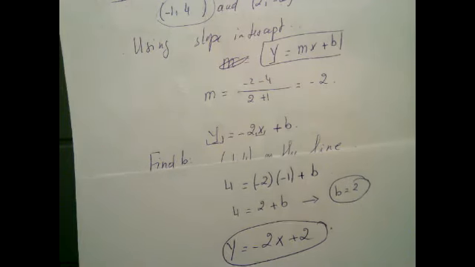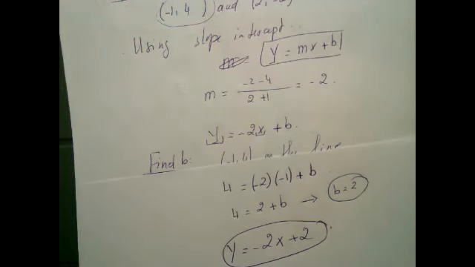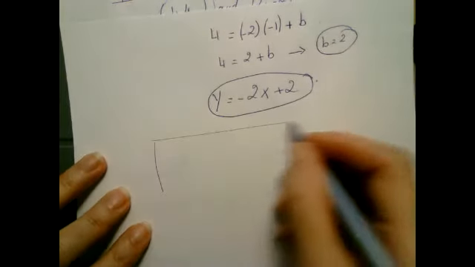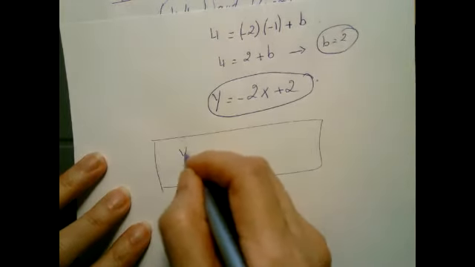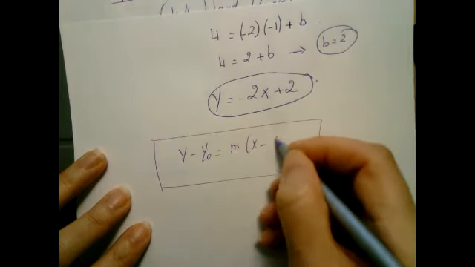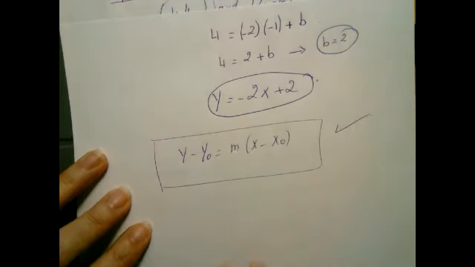So to find the equation of a line, we can do it two ways, and as I said several times by now, I want you to know both, and I expect you to be able to do it in both ways. The first way, we start from the point slope form, and then we solve and get our equation.